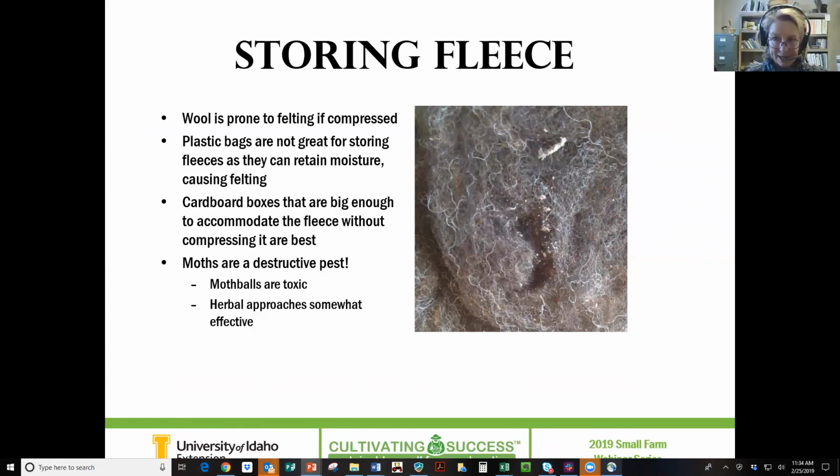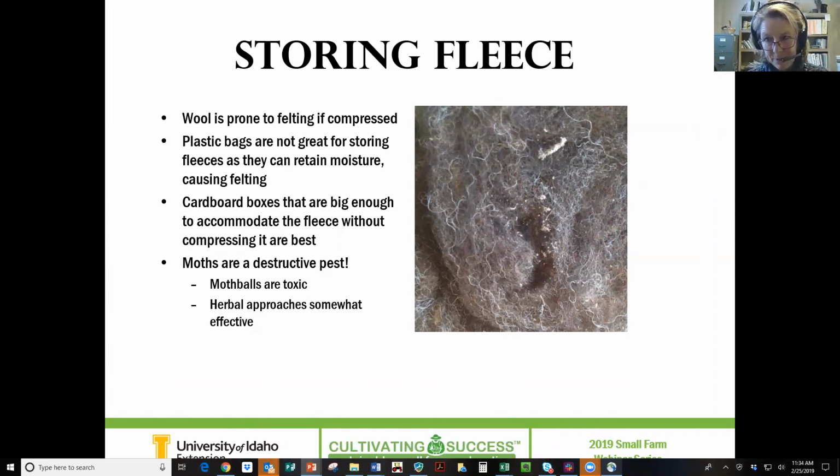So I had an entire column of beautiful fleeces that had moth damage, and really there was nothing to do except toss it. If it was my own precious thing, maybe I would remove part of it and freeze the rest of it to kill the eggs and deal with it. But you can't take the chance of selling fleece that has had moth damage in it.